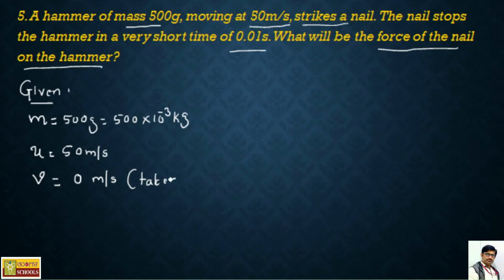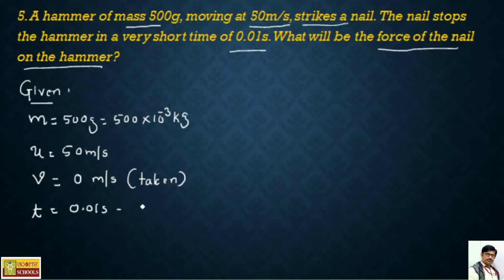That is from our understanding, because using the hammer you are striking the nail, therefore I can take its final velocity as 0 meter per second, and time is mentioned, t is equal to 0.01 second.